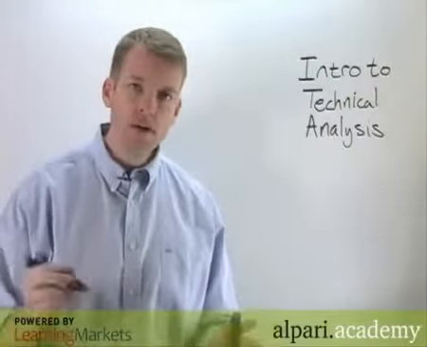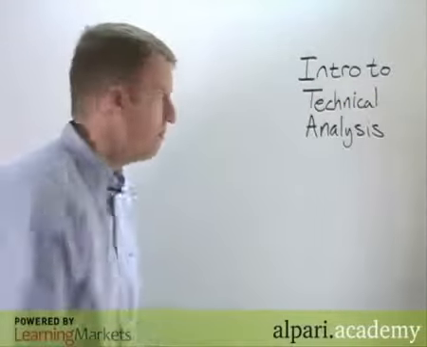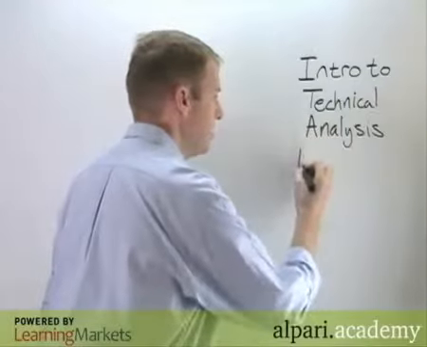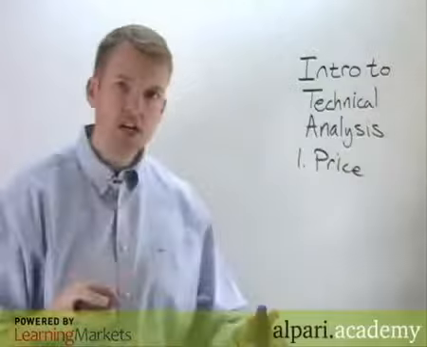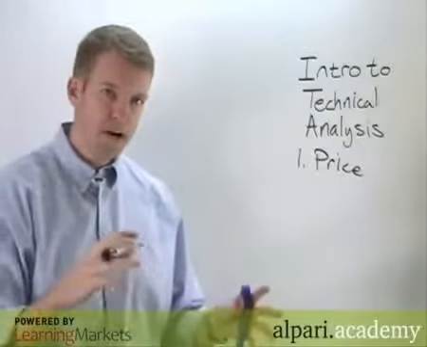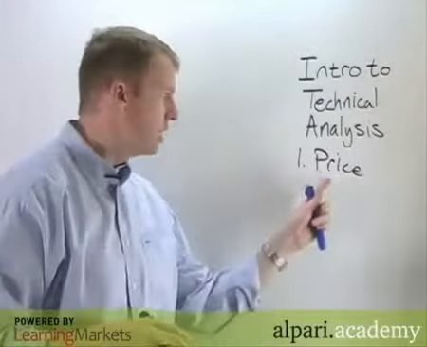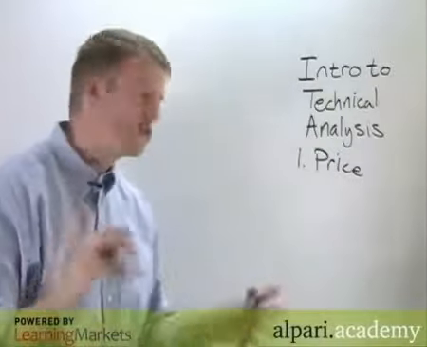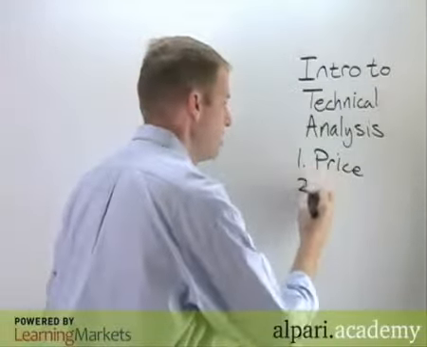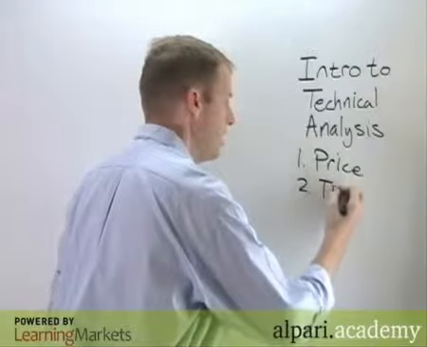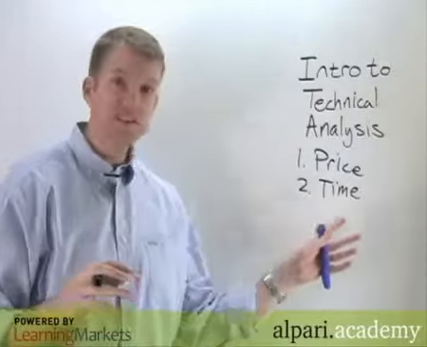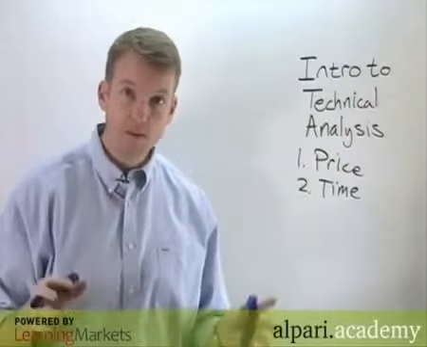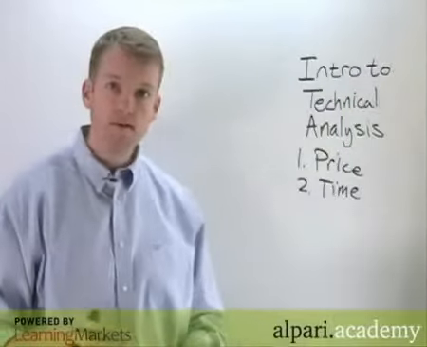So there are really three principles that we have to keep in mind. Technical analysis is a study of price movements. So as an exchange rate changes, as these Forex pairs move up or down, we're looking at that price movement. What are those price changes? We look at those price changes over time. So really these two things largely summarize a lot of the information that we get about what's going on in the Forex.